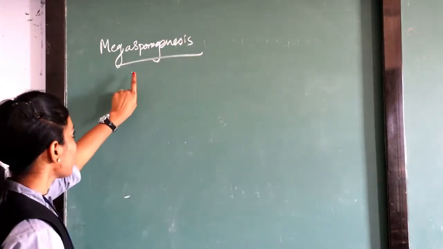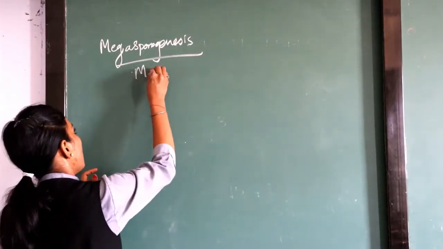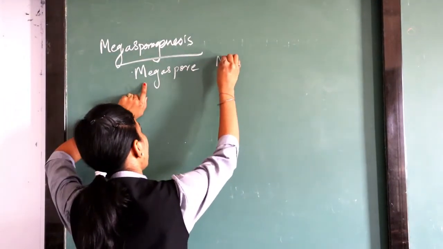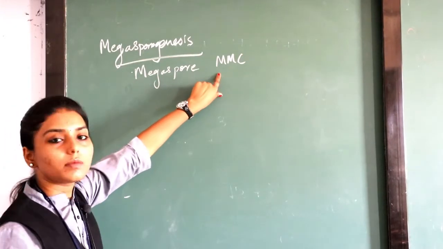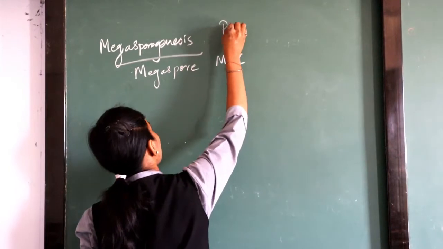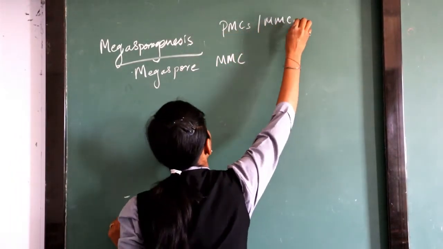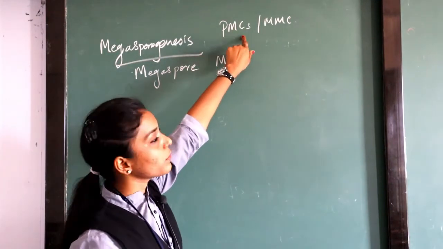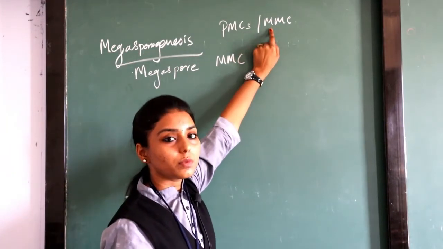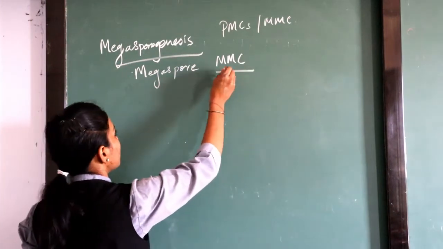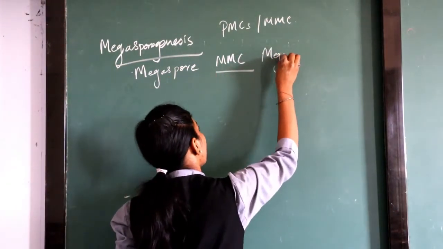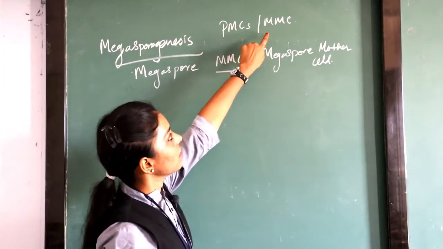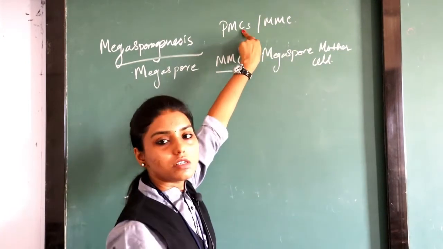Megasporogenesis is the process of formation of megaspores from the MMC. In the male gametophyte I told you about the PMC, the pollen mother cell or microspore mother cell, whereas here MMC is the megaspore mother cell, through which megaspores are formed.